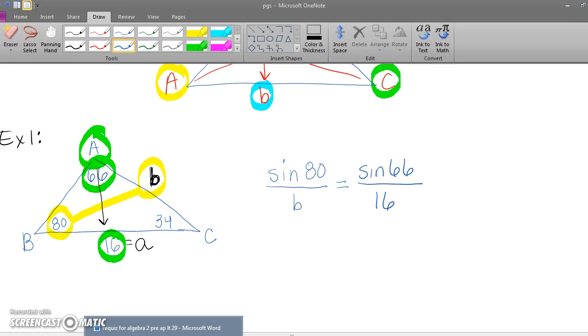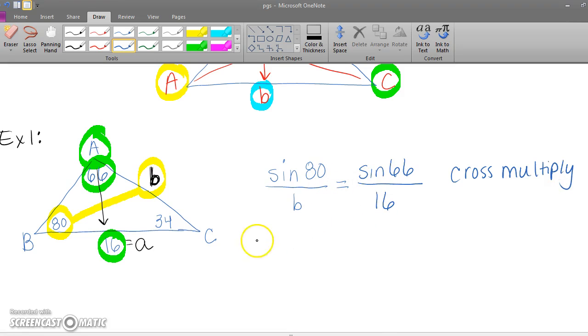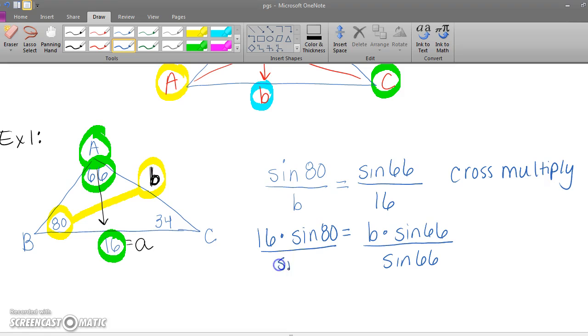Then we would solve this by cross multiplying. We would take 16 times sine of 80 equals b times sine of 66. We have to solve for b, so we would divide both sides by sine of 66.